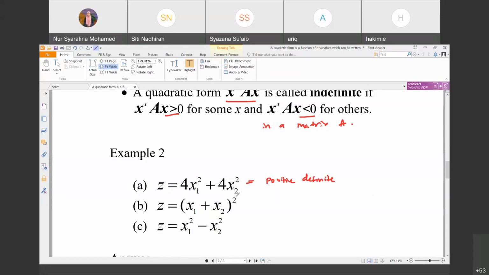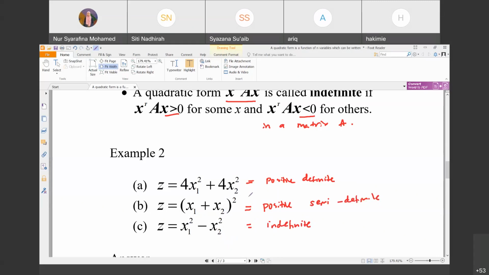Okay. And for this one, x1 and x2 squared, maybe there is a 0 value, so we can conclude that it is positive semi-definite. Okay, and for this one, it can be either a positive or negative value, so we can say that it is indefinite.